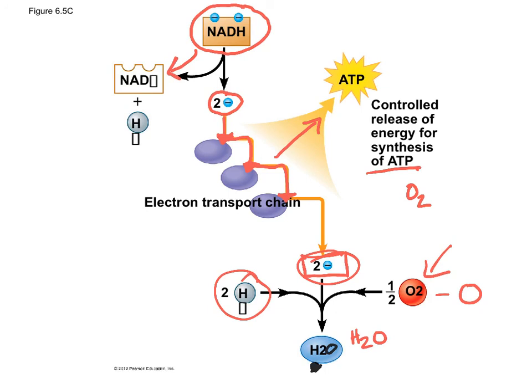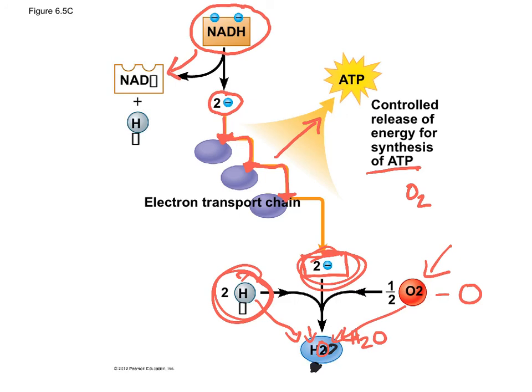Okay, so we've got 1 oxygen atom there, and that's going to accept 2 electrons, 2 hydrogens, and ultimately form water. So if we do a little bit of accounting here, we've got 2 hydrogens right here and 1 oxygen. So those 2 hydrogens come from here, the oxygen comes from here, and we end up with a molecule of water.